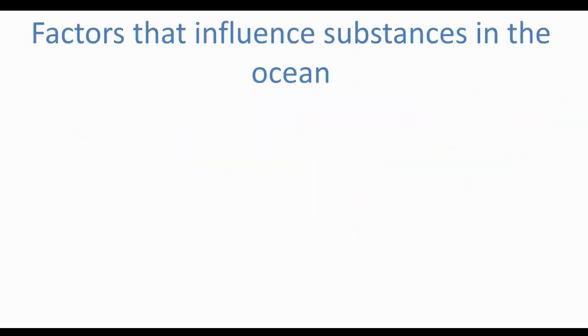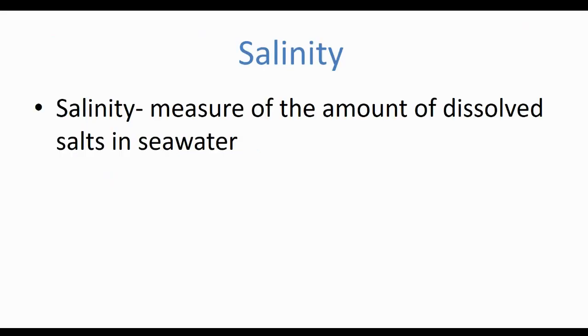Factors that influence substances in the ocean are wave action, the vertical movement of water, and biological activity. Salinity is a measure of the amount of dissolved salts in seawater.